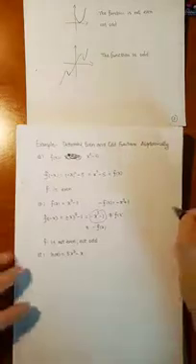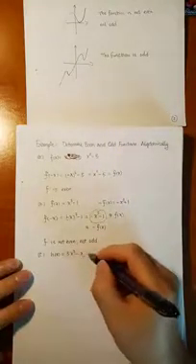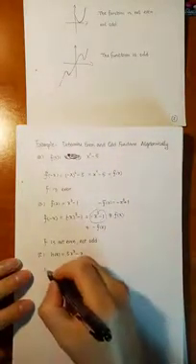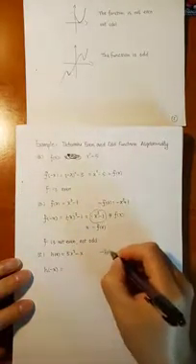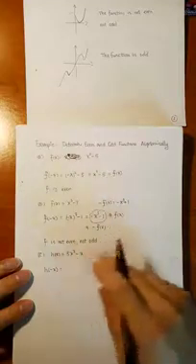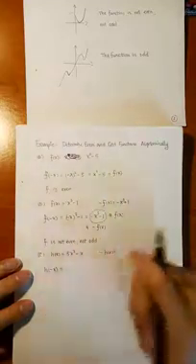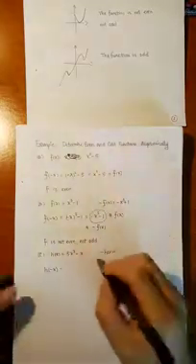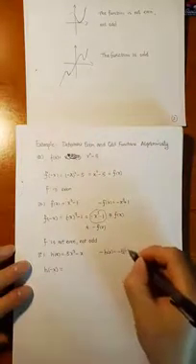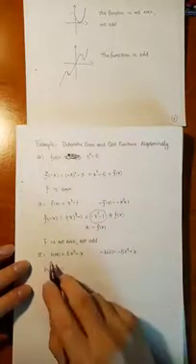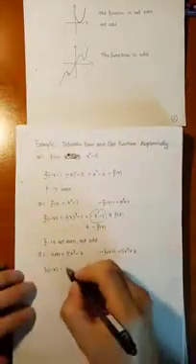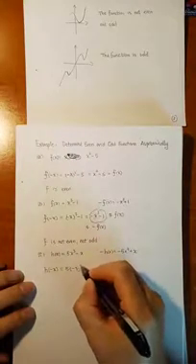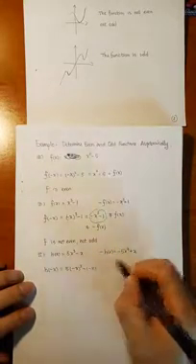Third example, h of x equal to 5x cubed minus x. And let's check h of negative x. At this moment, we don't know which function we're going to compare with h of negative x. So we write both: h of x, negative h of x. And then we're going to compute h of negative x. So it's 5 times negative x cubed minus negative x.